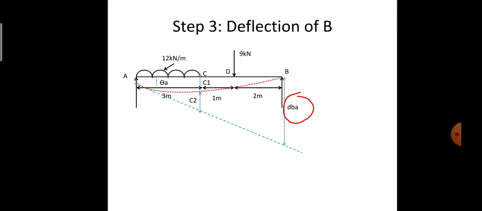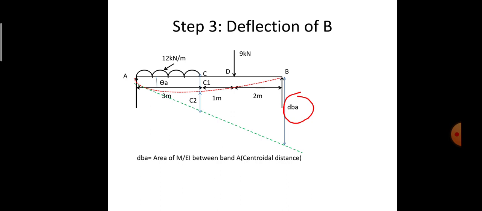So here dBA I am supposed to calculate. dBA is nothing but the area of the M by EI diagram between B and A, meaning the overall beam I am going to consider, multiplied by the centroidal distance.